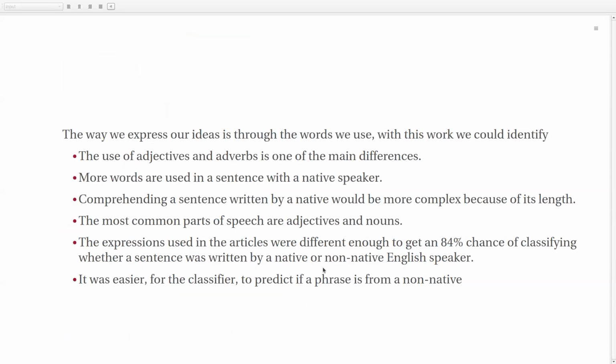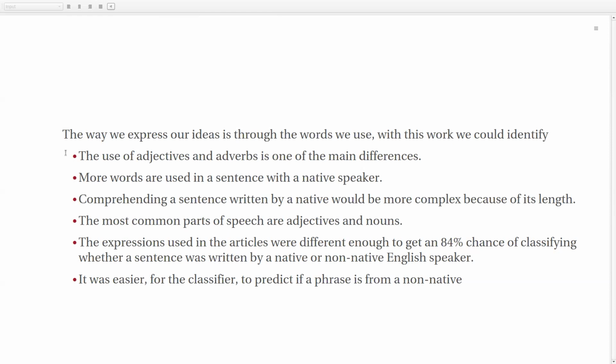So our conclusions are: the way that we express our ideas is through the words we use. With these words, we could identify many points. For example, the use of adjectives and adverbs is one of the main differences between native and non-native speakers. More words are used in a sentence by a native speaker, and that's why I think it's harder to comprehend these kinds of phrases.